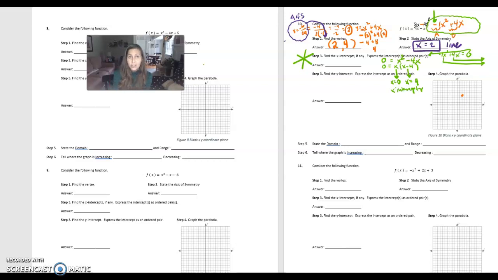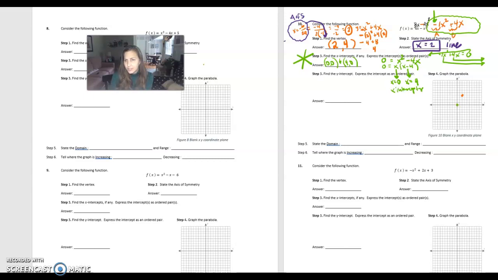If you look at your sheet at the beginning of this packet, it says x-intercepts are ordered pairs. So I have to write these as ordered pairs. One is going to be 0, 0, and the other one will be 4, 0. That is very important. Notation matters. X equals 0 is a line, but 0, 0 is an ordered pair. It's a point. Okay, so let's go ahead and plot our points.